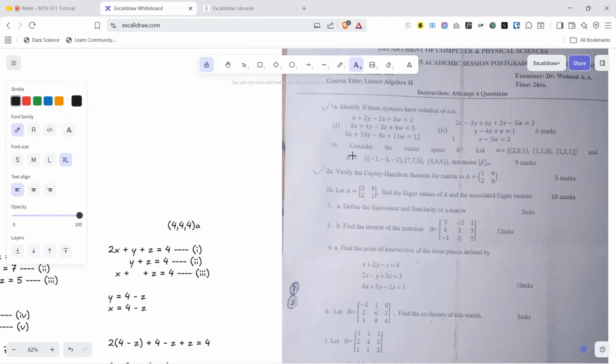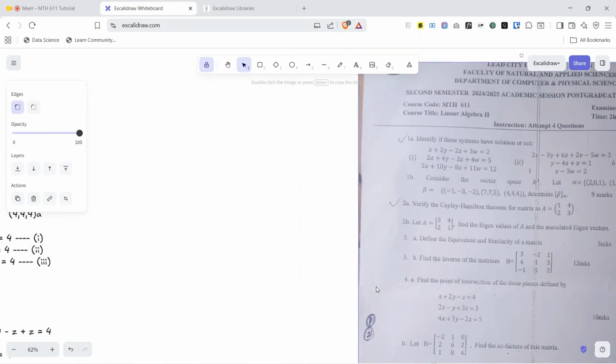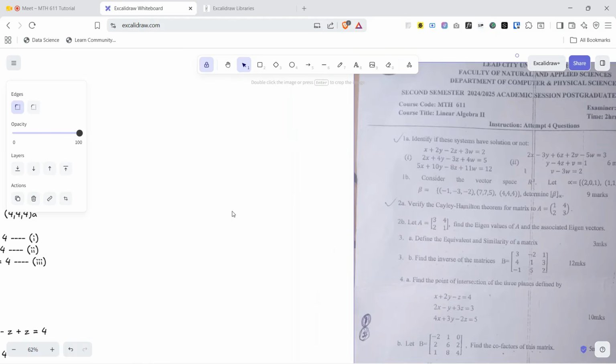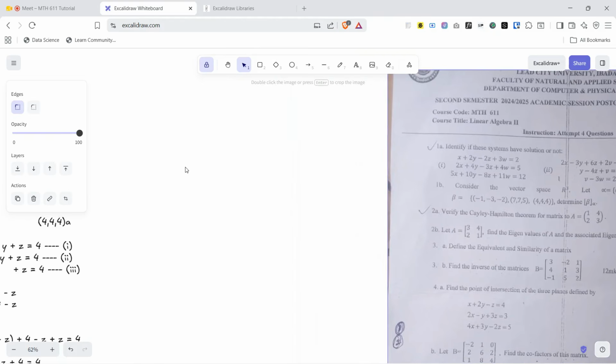Okay, question 2. Question 2 says that we should verify this matrix in Cayley-Hamilton's theorem.